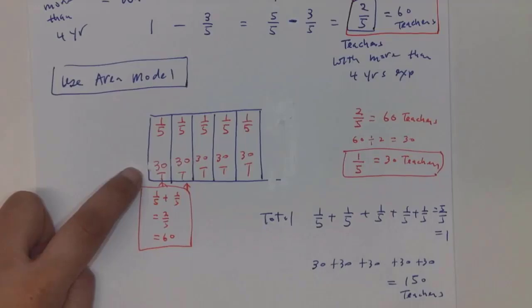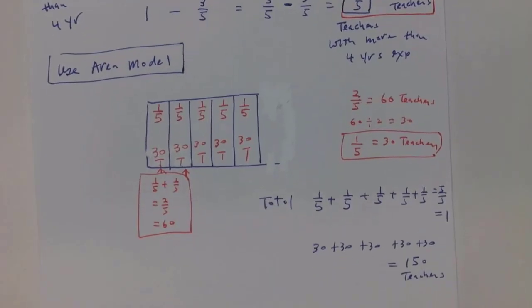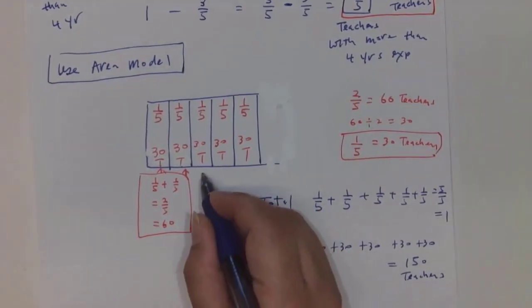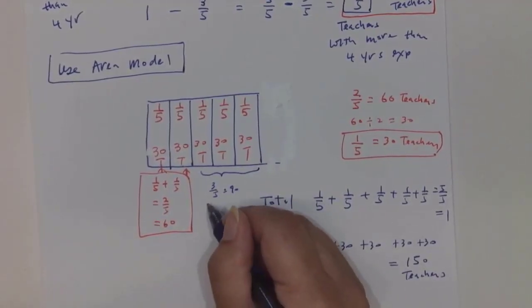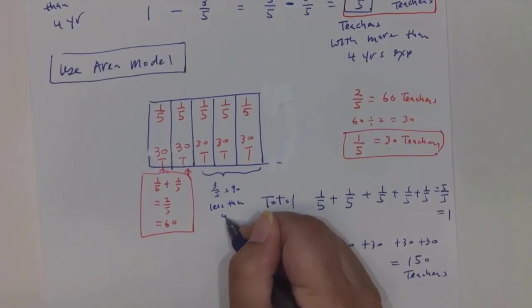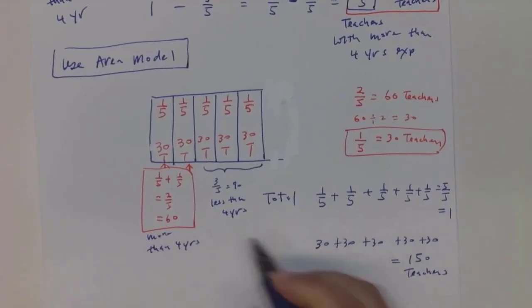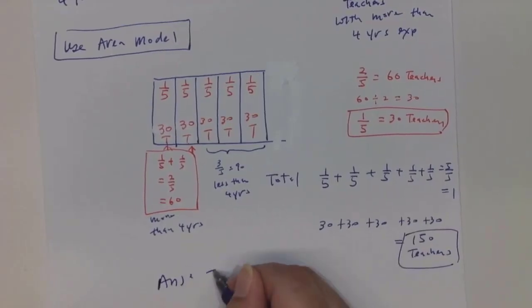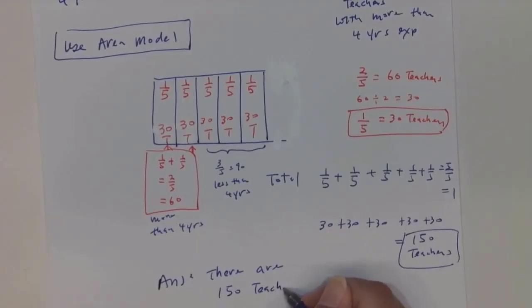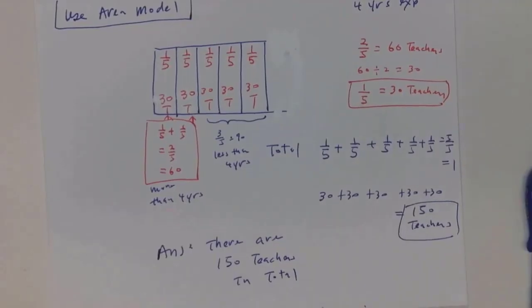If they ask for less than 4 years, it's going to be 90 for the other part, right? So the other part would be 3/5 equal to 90. That's less than 4 years, right? But they are only interested in the total for this question. So I'm going to answer there are 150 teachers in total. Something like that.